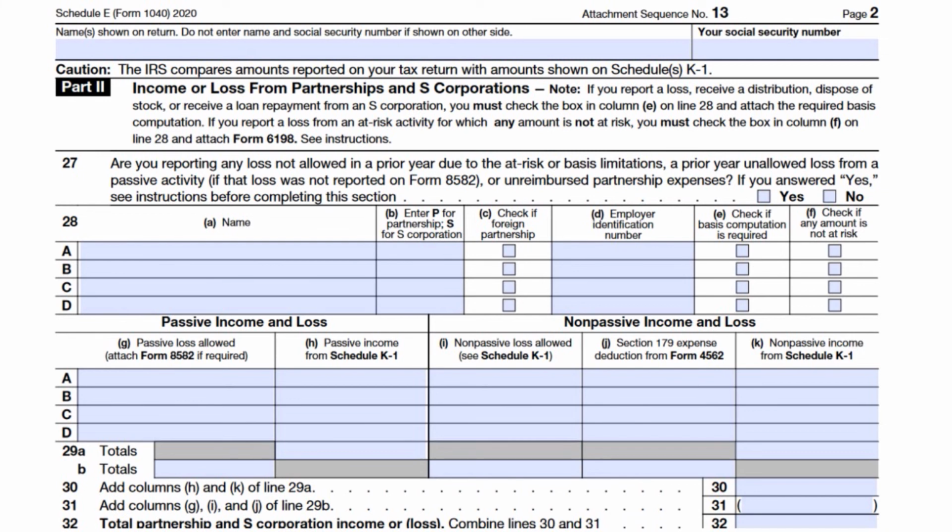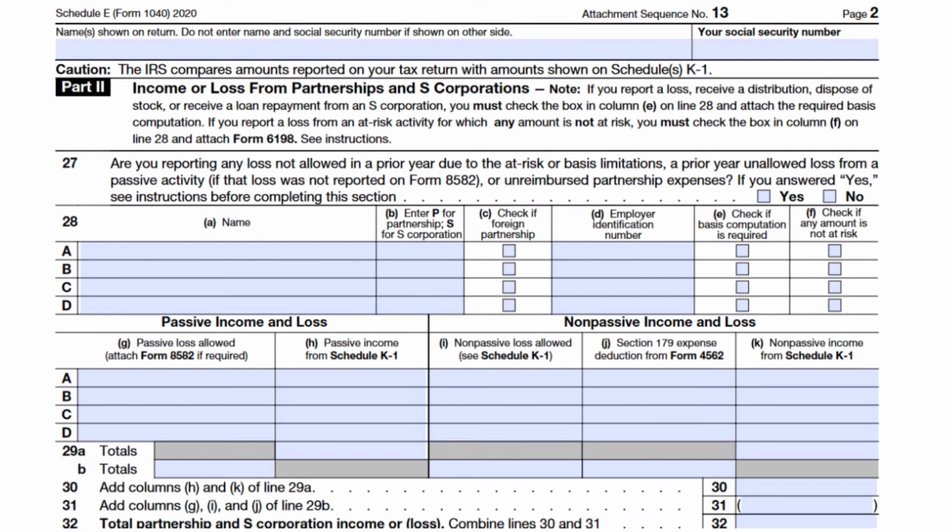You have to put the EIN for each property, and you have to check in column E if you are requiring a basis computation, and in column G whether the amount is not at risk. And then you have the passive income and loss and the non-passive income and loss.